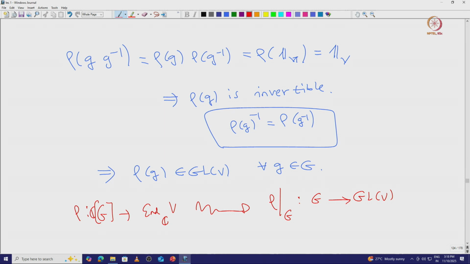Since rho is an algebra homomorphism, that would immediately imply that this rho restricted to G is indeed a group homomorphism.